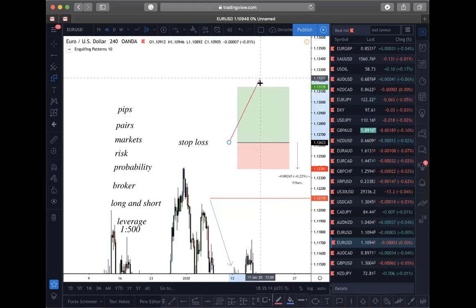Once the market hits your take profit, the trade would automatically close and you would have $20 added to your trading balance. Now you don't must have a take profit. If you leave it open, then you would just keep making money until you decide to manually close the trade yourself. However, the take profit, like the stop loss, is just an exit from the market, right?